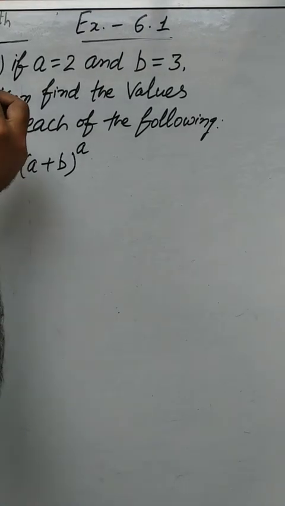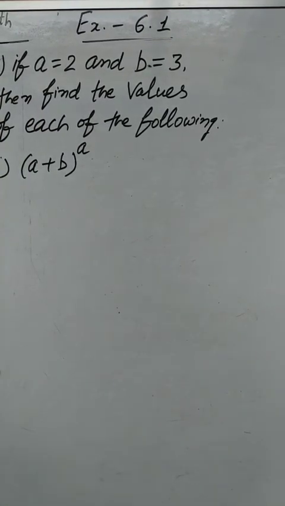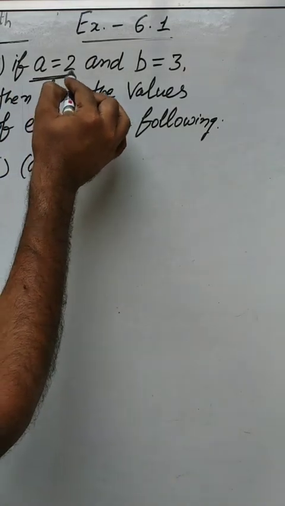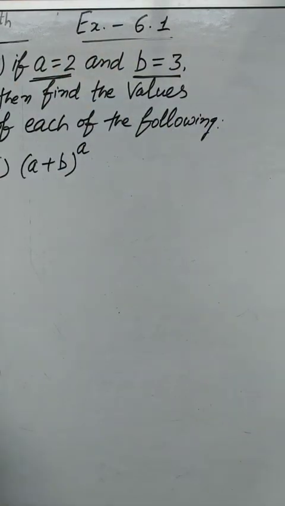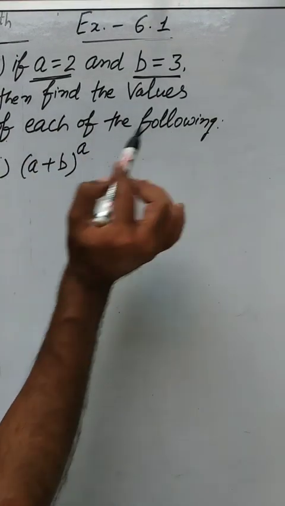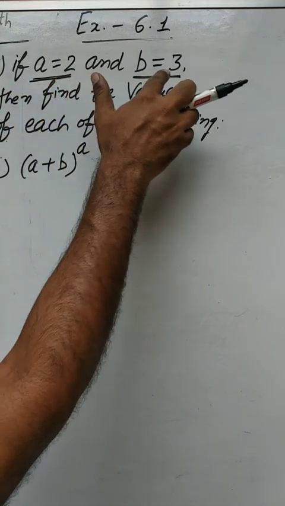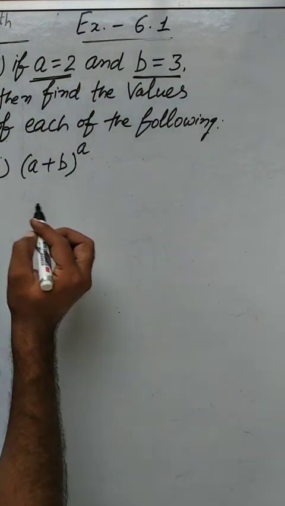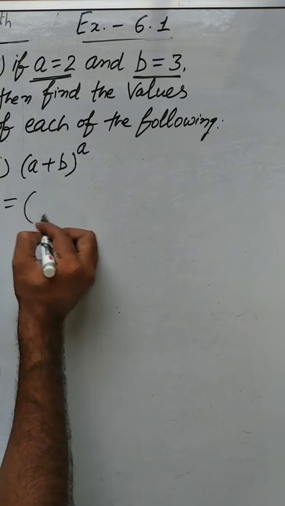Yes beta, the last question of 6.1, the 16th question. If A is equal to 2 and B is equal to 3, then find the values of each of the following. You have been given A is 2, B is 3, and you have to find the value of this expression. Okay beta, now fill in the values. What is A?